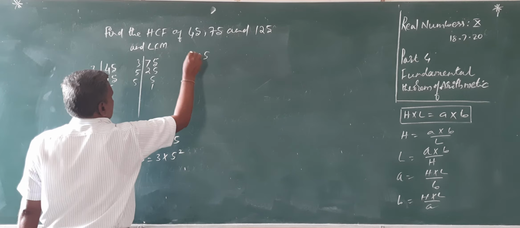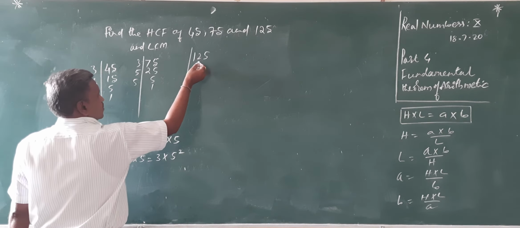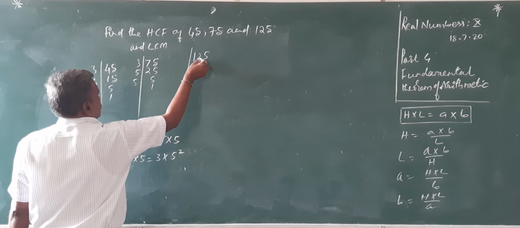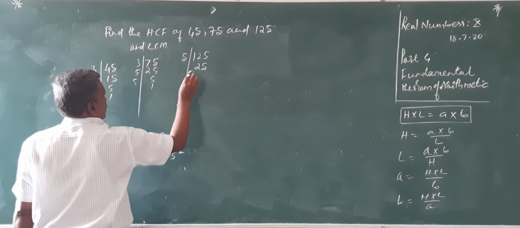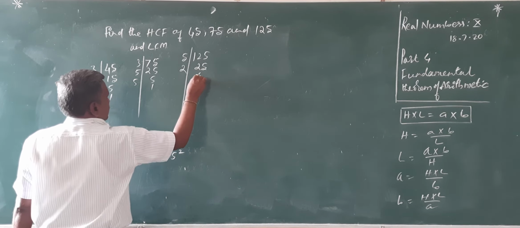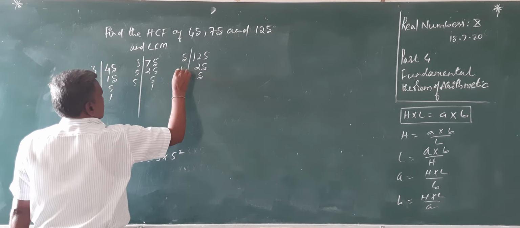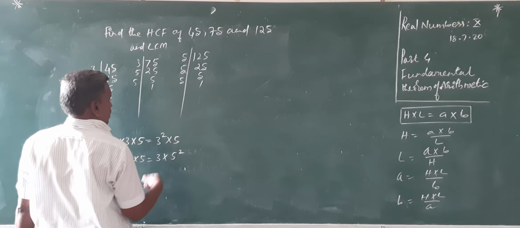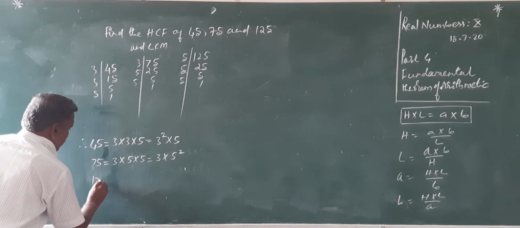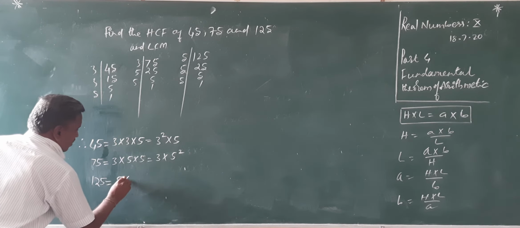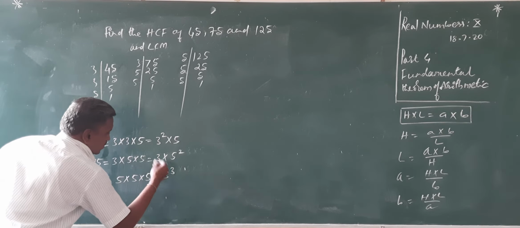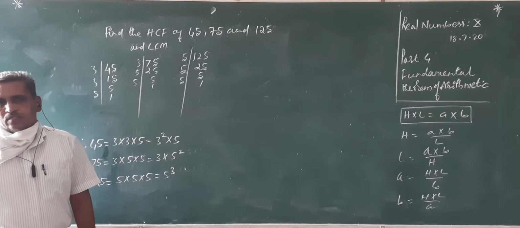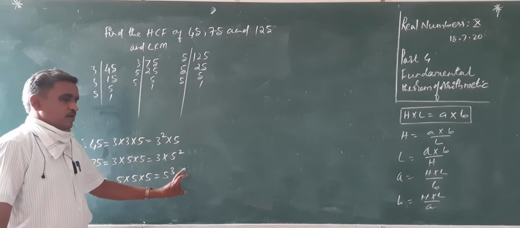125 is not divisible by 3, that is not possible. 5 into 25, 5 into 5, 5 into 1. That is 125 equals 5 into 5 into 5 equals 5 cube. This is said to be prime factorization.